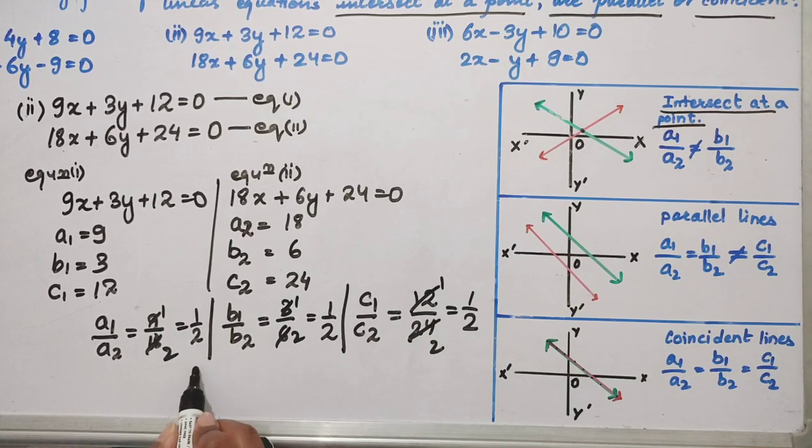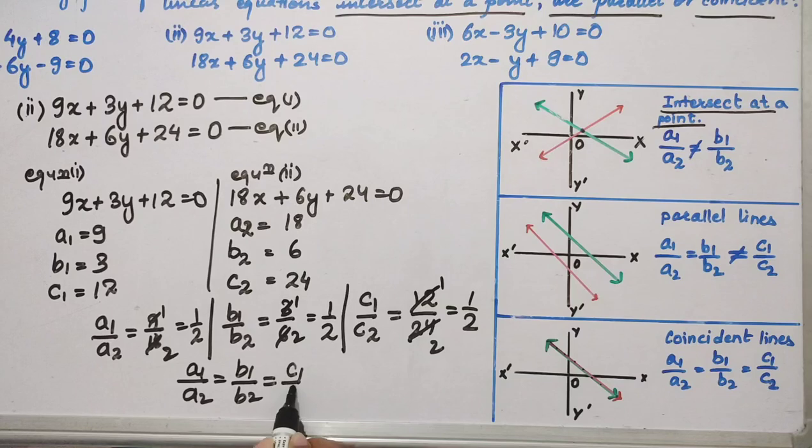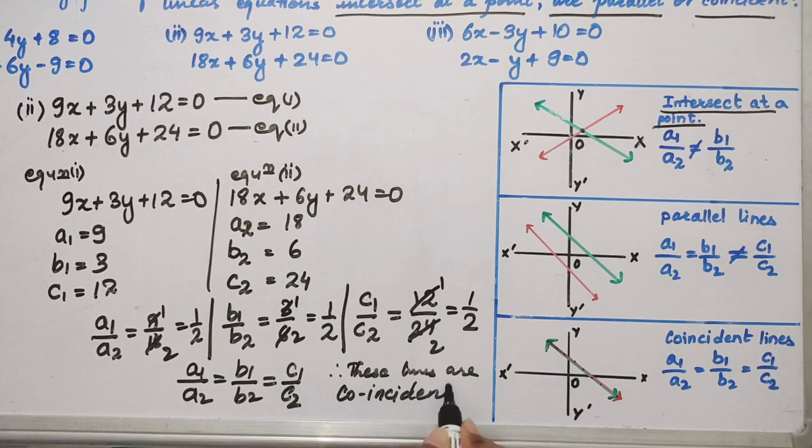Here we can see a1 by a2 is equals to b1 by b2 is equals to c1 by c2. Which condition does it follow? The last condition. That means the lines are coincident. Therefore, these lines are coincident.